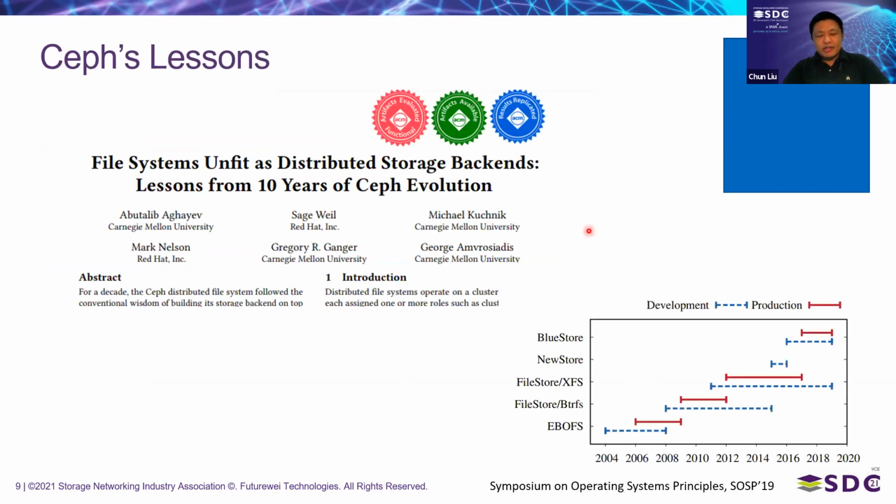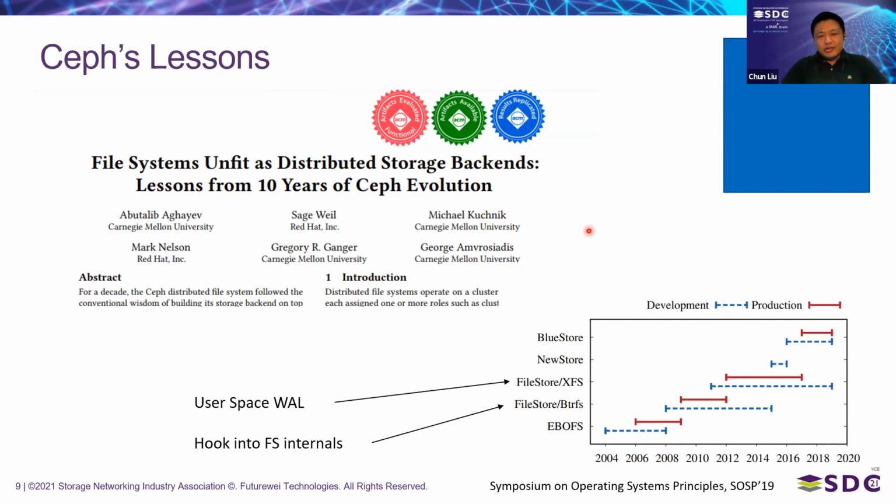This is a paper published in SOSP 2019, titled File Systems Unfit as Distributed Storage Backends: Lessons from 10 Years of Ceph Evolution. Ceph started with EBOFS, an extent and B-tree-based object file system. Then in 2009, they switched to BetterFS and hooked into file system internals, trying to improve the performance.